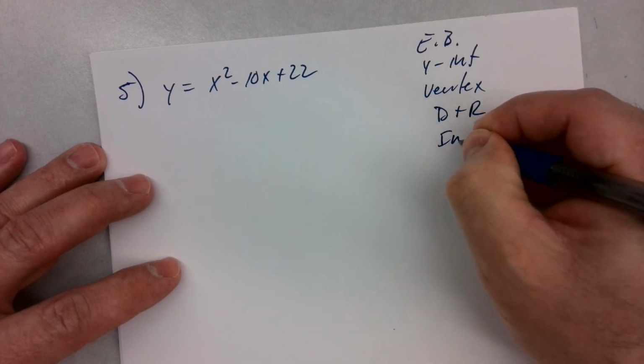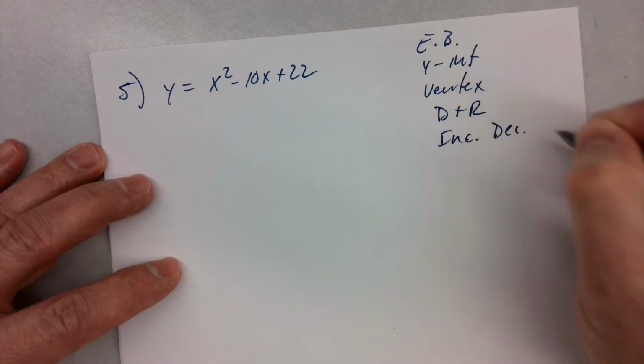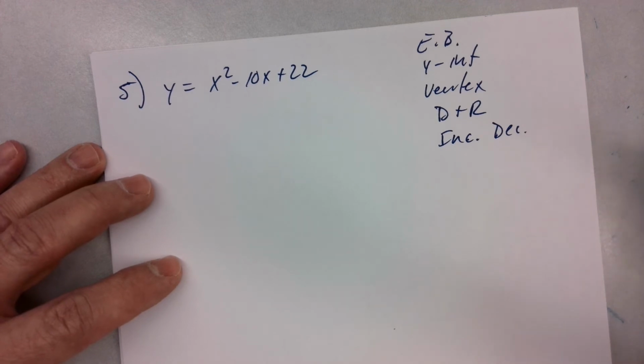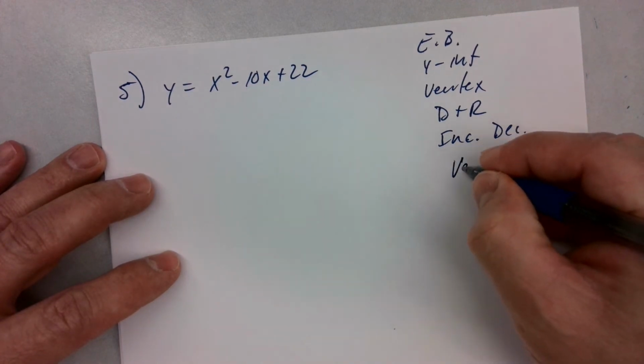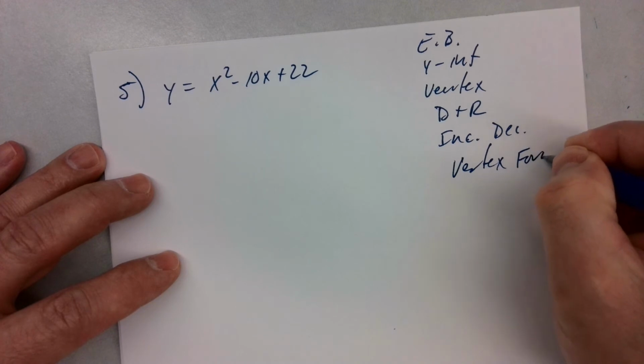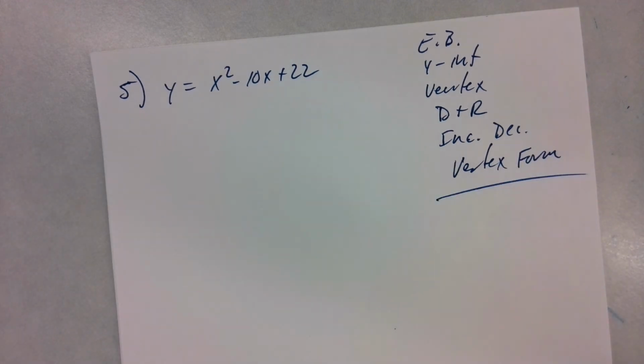It wants increasing and decreasing, which we've already done. And it wants vertex form, which means that you have no choice but to factor it. You're welcome. It's like that thing where you have to think.